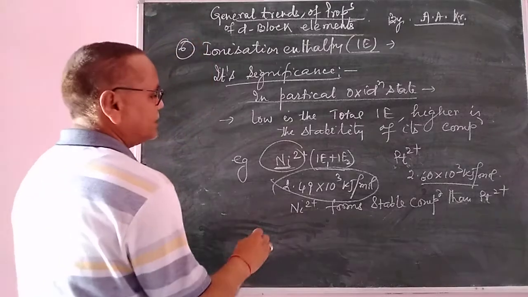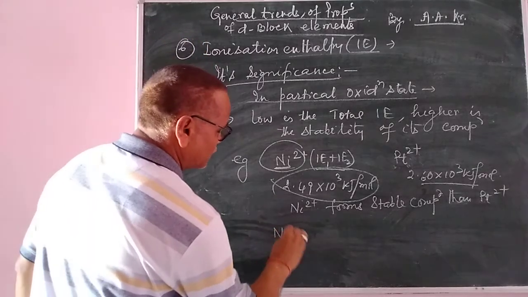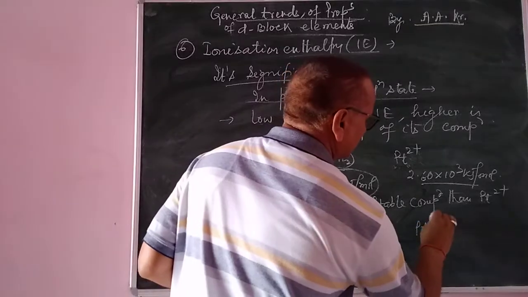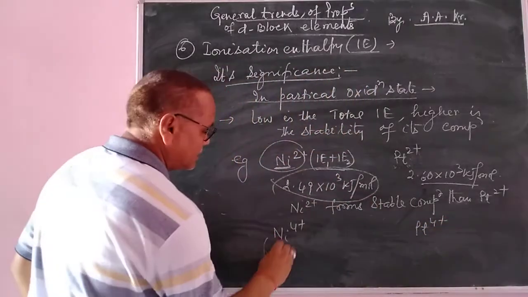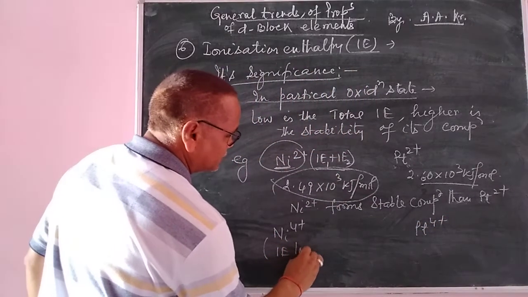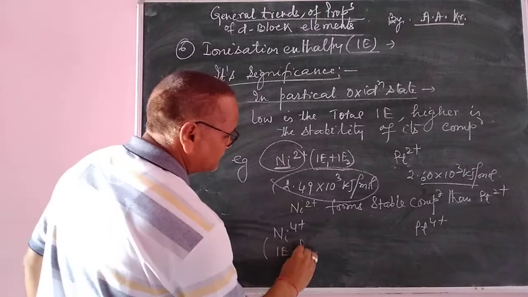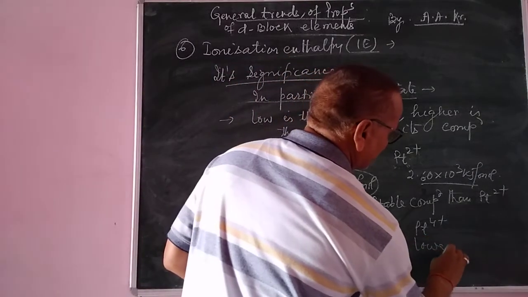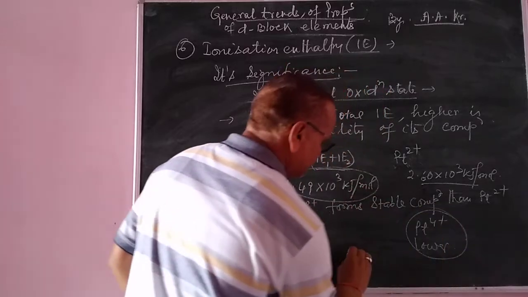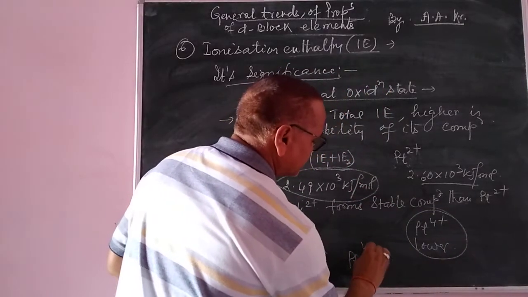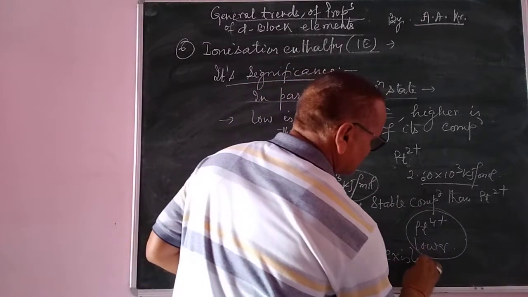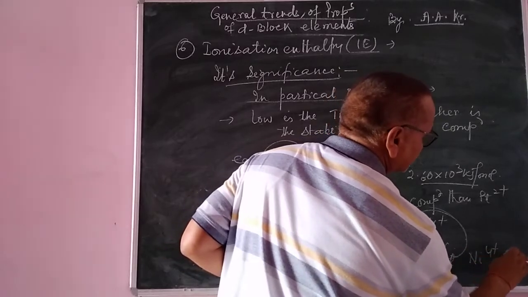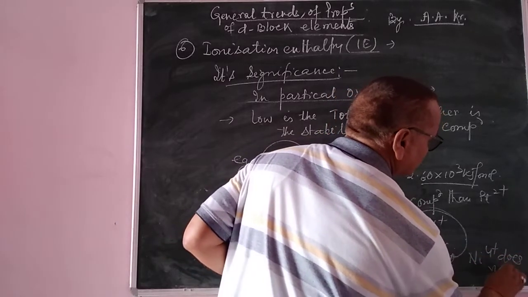Similarly, if you see Ni4+ and Pt4+, the ionization enthalpy of Pt4+ is lower and that of Ni4+ is higher. It means Pt4+ exists, but Ni4+ does not.